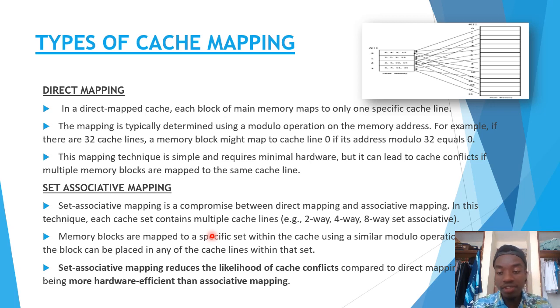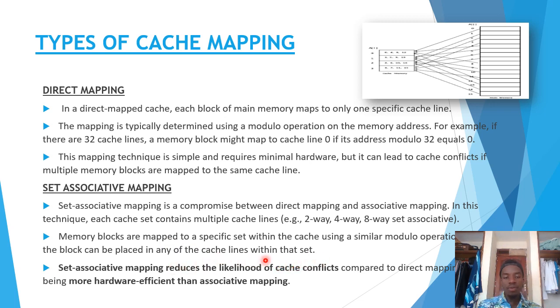It will depend on the sets you want to do. If you want to do 2 sets, 4 sets, 8 sets, it doesn't matter, as long as you have enough hardware to contain that. Memory blocks are mapped to a specific set within the cache using a similar modulo operation. The block can be placed in any of the cache lines within that set.